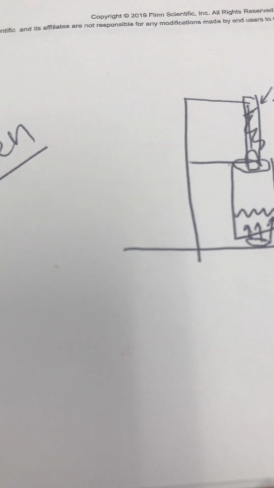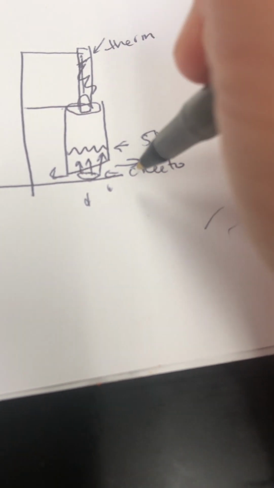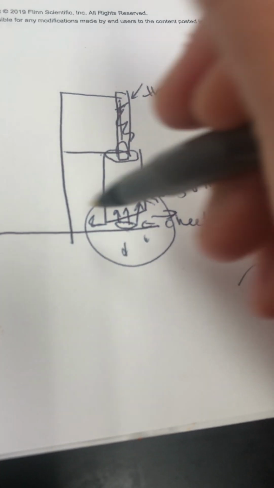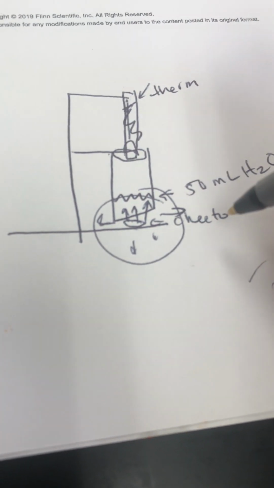Because this system is open, we're losing energy to our surroundings because not only is energy going up, it's going all around, right? Technically, even some of the energy is going down to the aluminum foil and so forth. So our main source of error is that this is an open system, right? Energy is being lost to the surroundings.